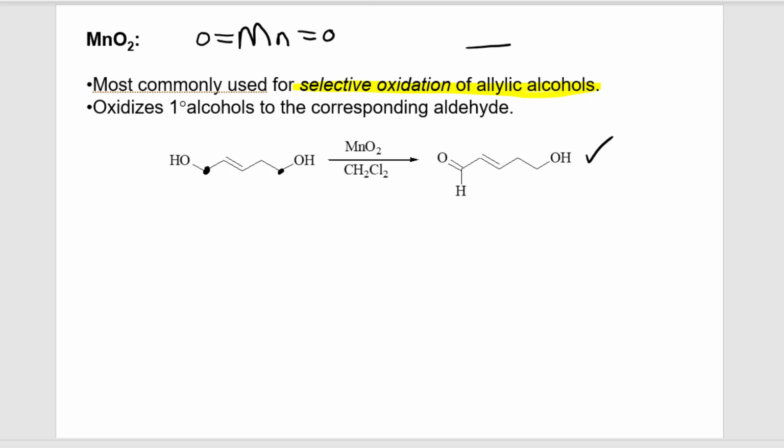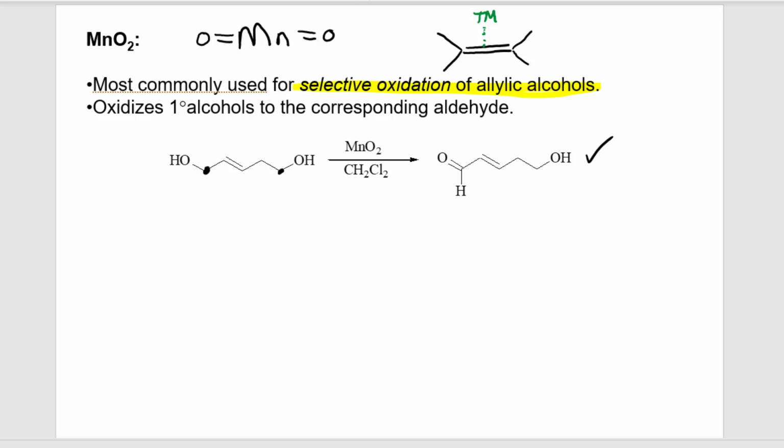Sometimes it's written as a pi bond, and what you'll see is that they draw it right in the middle. They say, here's a transition metal, and they use dotted lines to say that the transition metal is attracted to the p orbitals of that alkene. And this is what brings things close together.